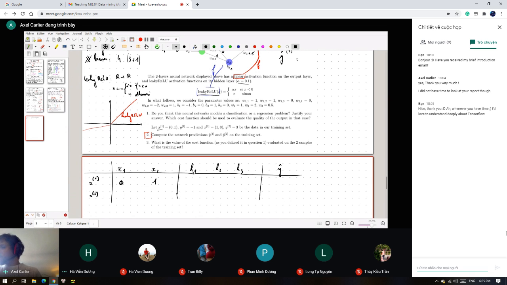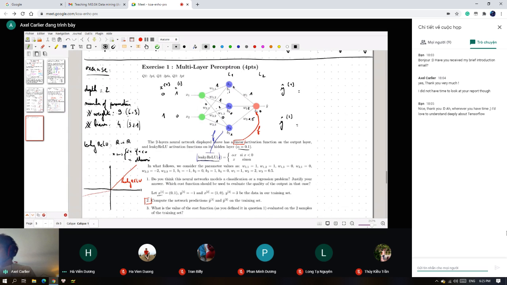If we want h1, let's write the equation. h1 equals leaky ReLU of W11 multiplied by x1, plus W21 multiplied by x2, plus B1, exactly.